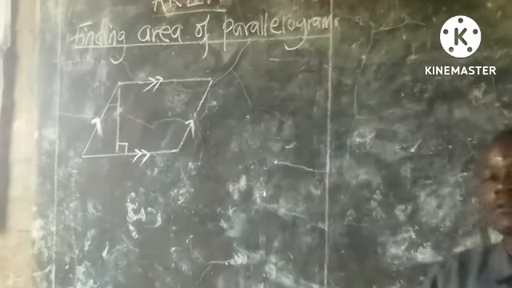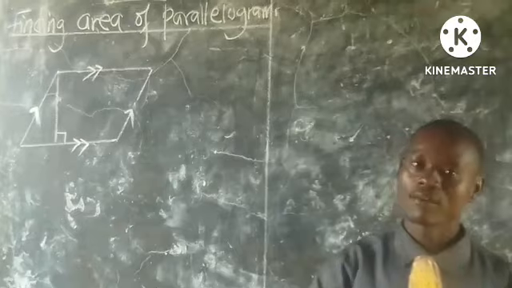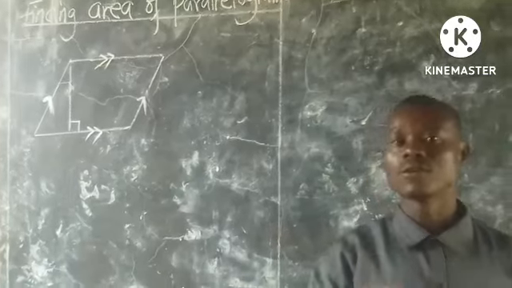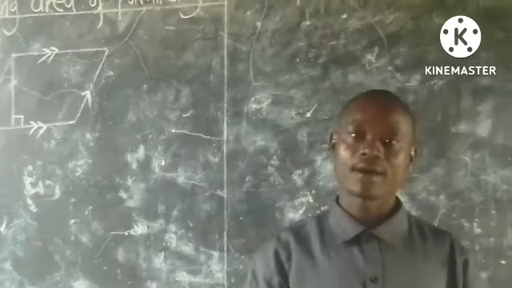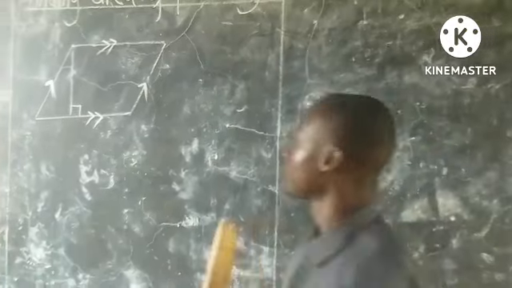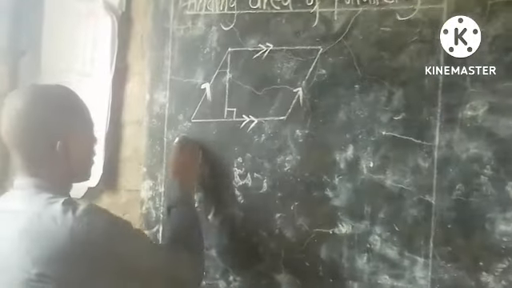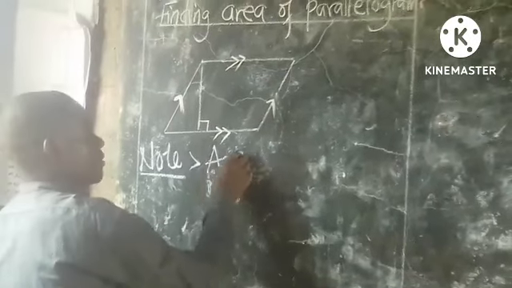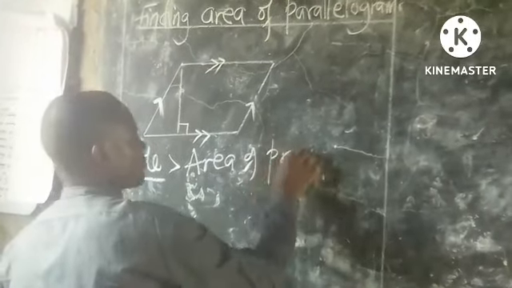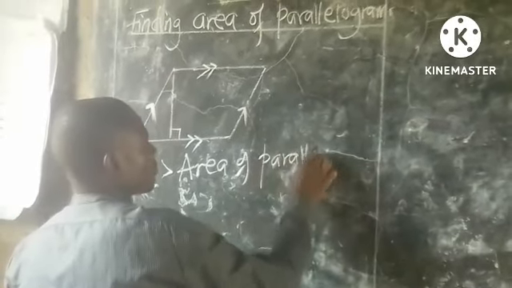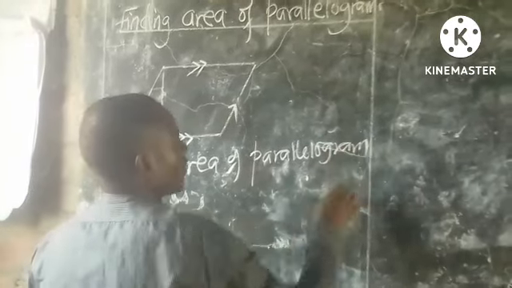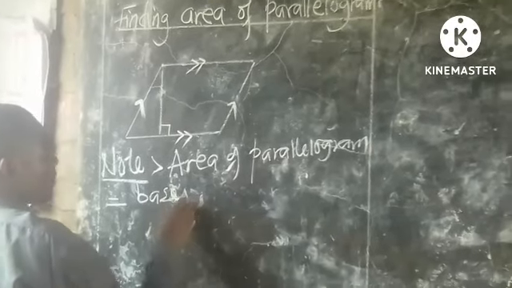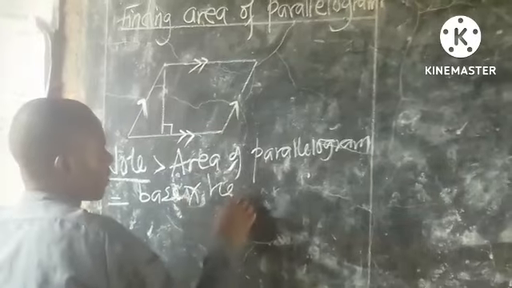So here comes for us now to check on how we can get the area of a parallelogram. Before you calculate the area of a parallelogram, you have to know the method used. And in our note, we shall now say: area of parallelogram equals base times height.